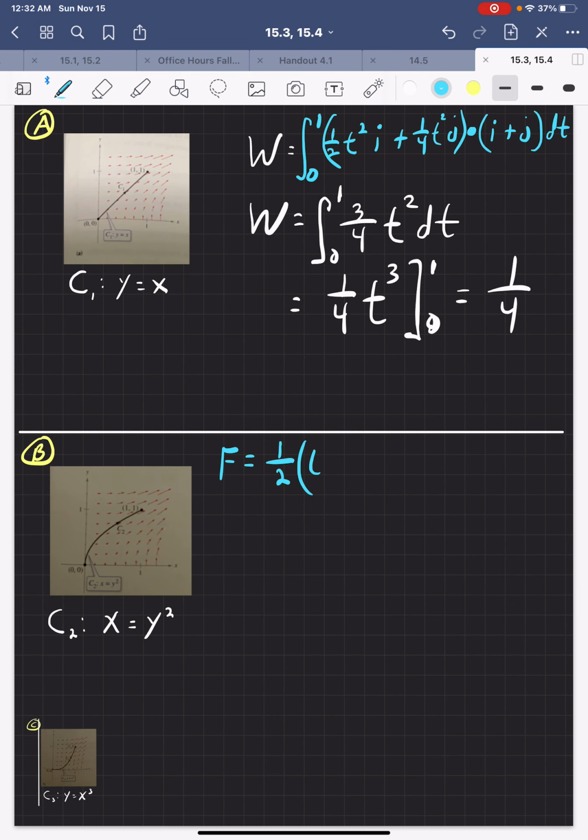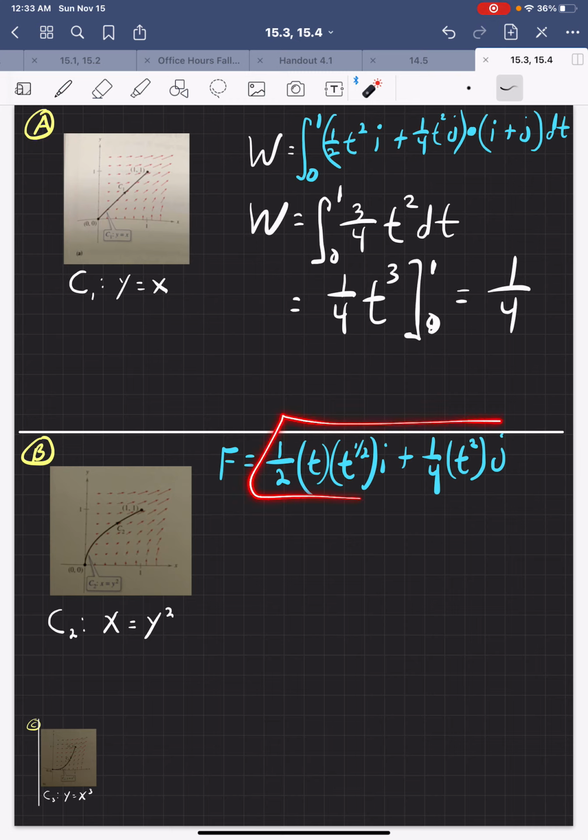So t times square root of t is t to the 3/2 in the i direction, plus 1/4, and I believe that was x squared. So 1/4 t squared in the j direction.